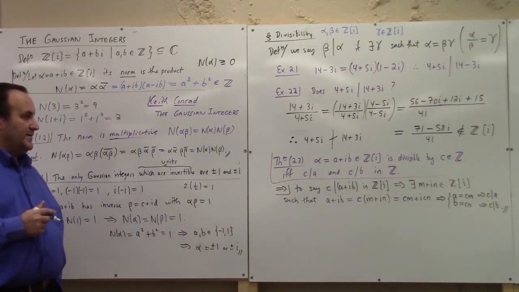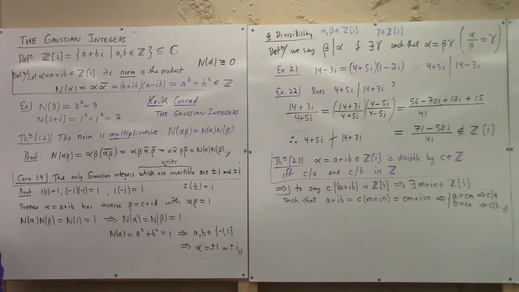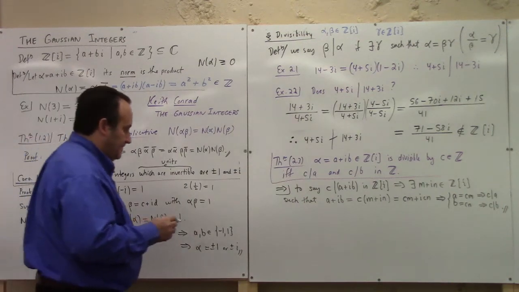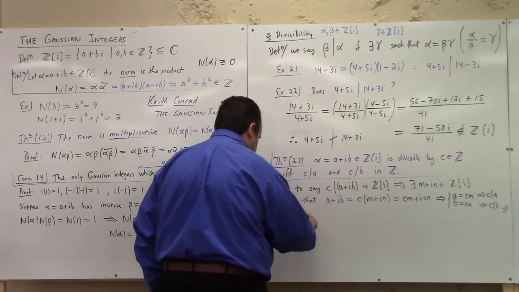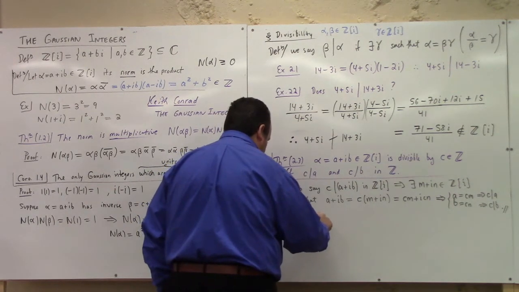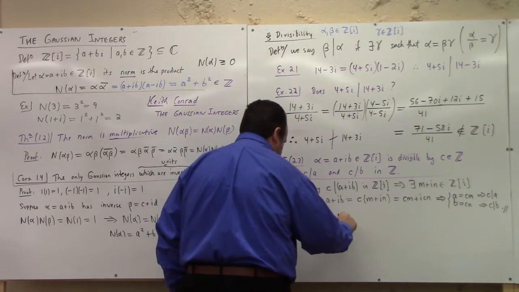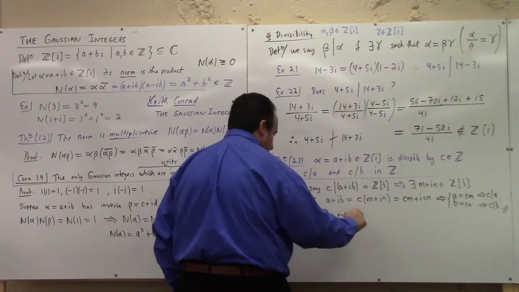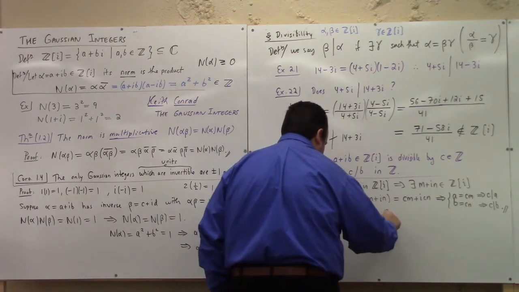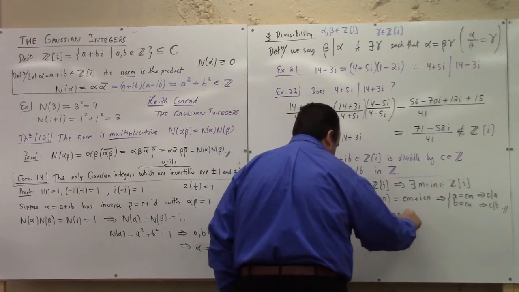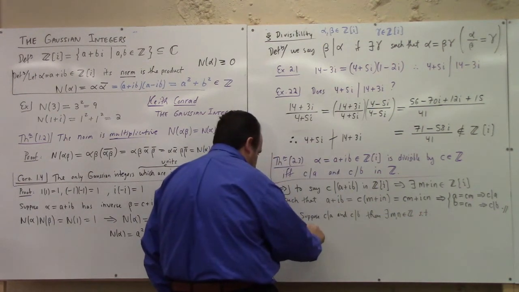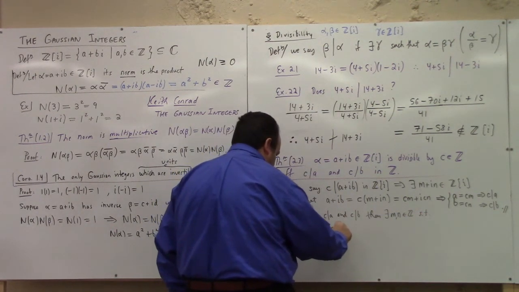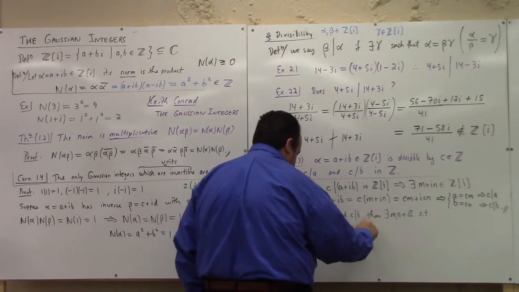So we got the forward implication of the theorem, right? Now, conversely, suppose c divides a and c divides b, then there exist m and n in the integers such that a is equal to mc and b is equal to nc, right?